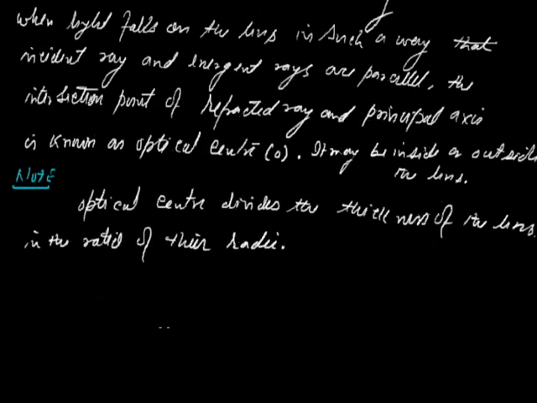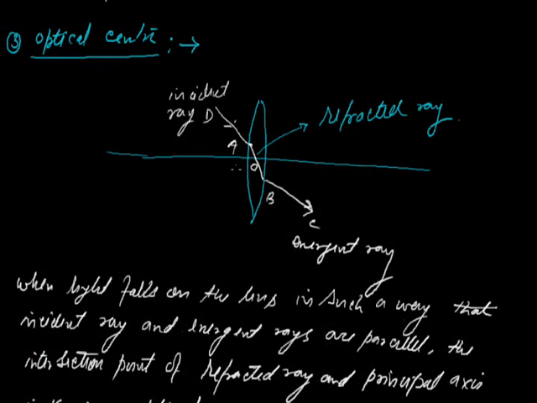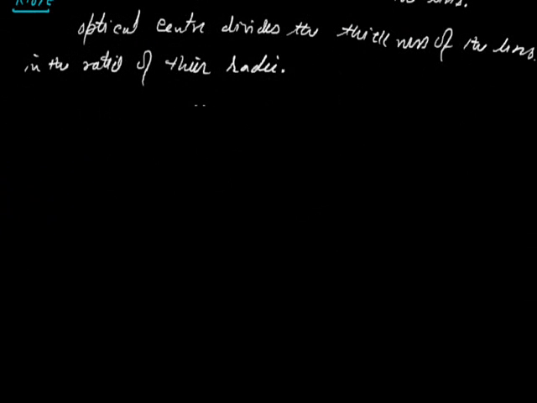So radii are R1 and R2. Then this point is N. This point is M. Then ON upon OM will be R1 upon R2.